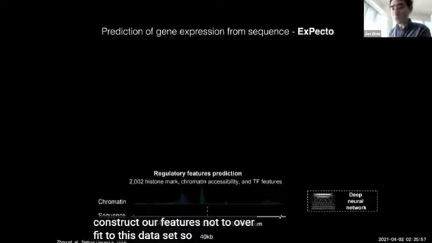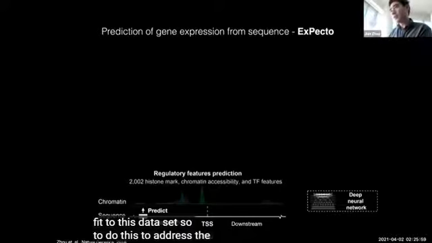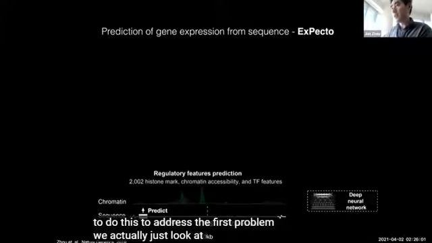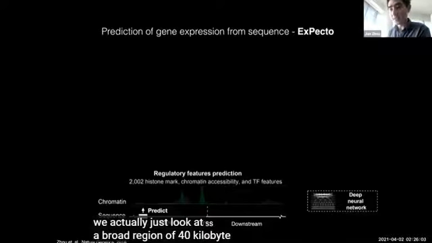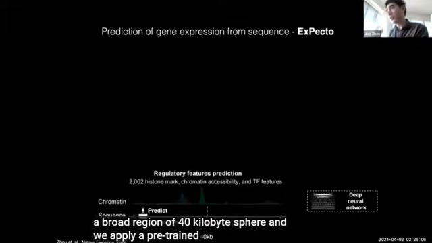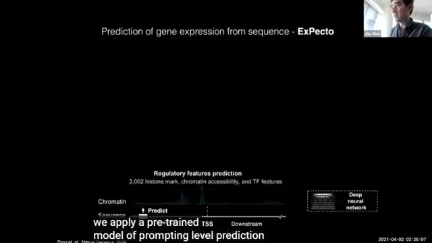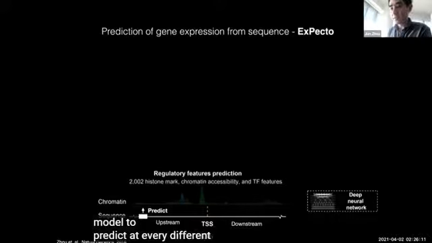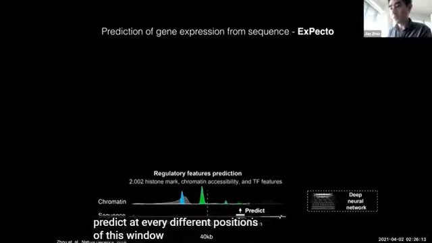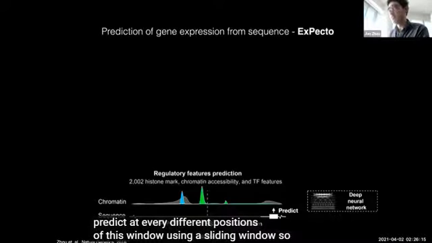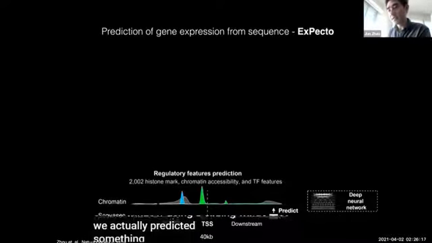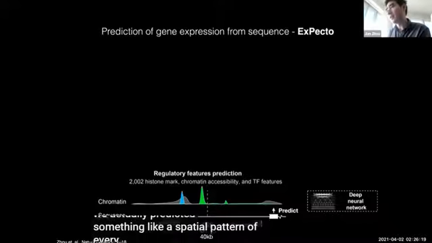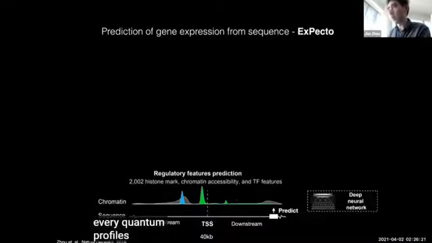So to address the first problem, we actually just look at a broad region of 40 kilobase pair, and we apply a pre-trained chromatin level prediction model to predict at every different position of this window using a sliding window. So we actually predicted something like spatial patterns of every chromatin profile.